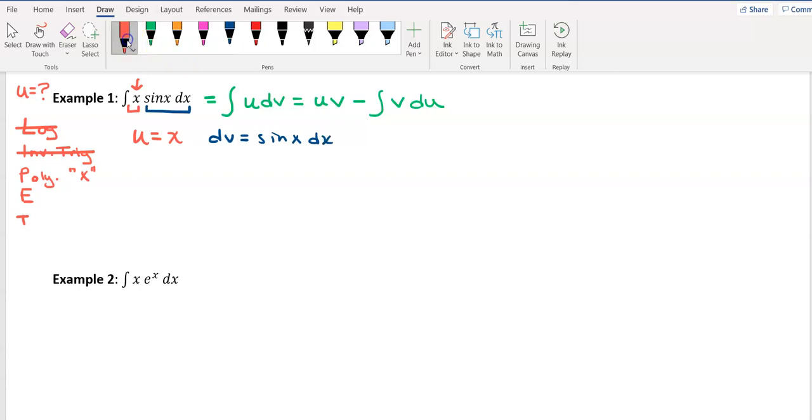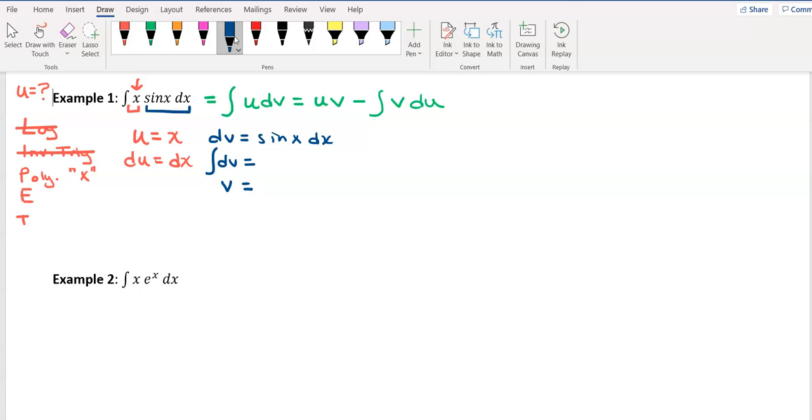Now we need to use these two pieces of information to figure out their partner, so to speak. u is equal to x, so the derivative of u, du, is equal to 1 dx, or just dx. Now for dv on the right, we need to take the integral to figure out what v is equal to.